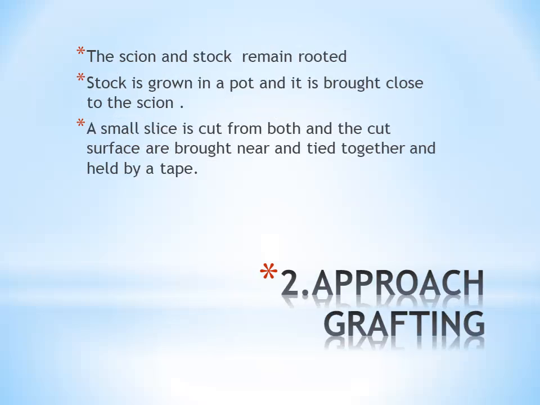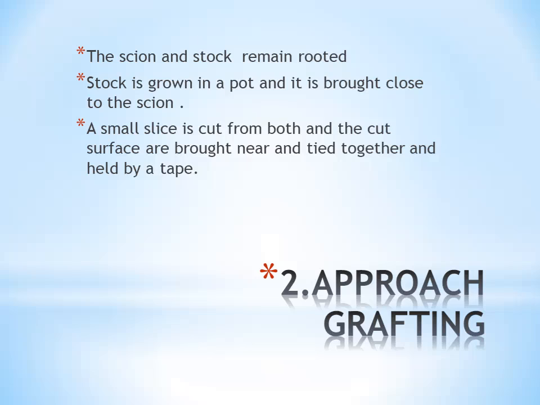The next is approach grafting. Here both the scion and stalk remain rooted. They are brought close together, tied together and held by tape. This is the major difference between approach grafting and bud grafting.